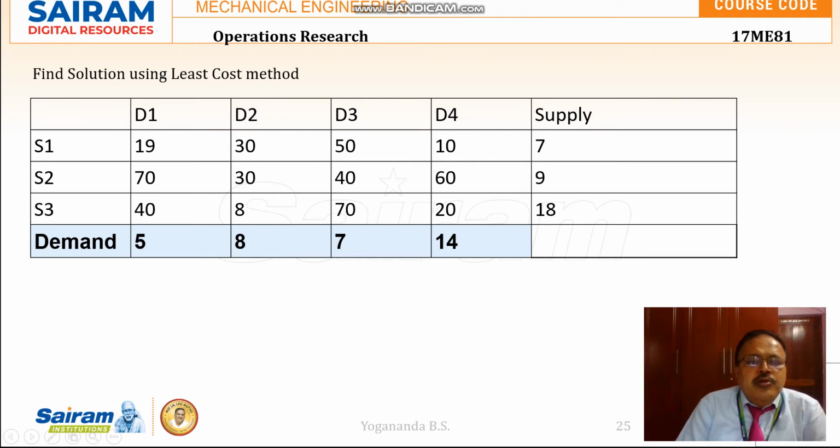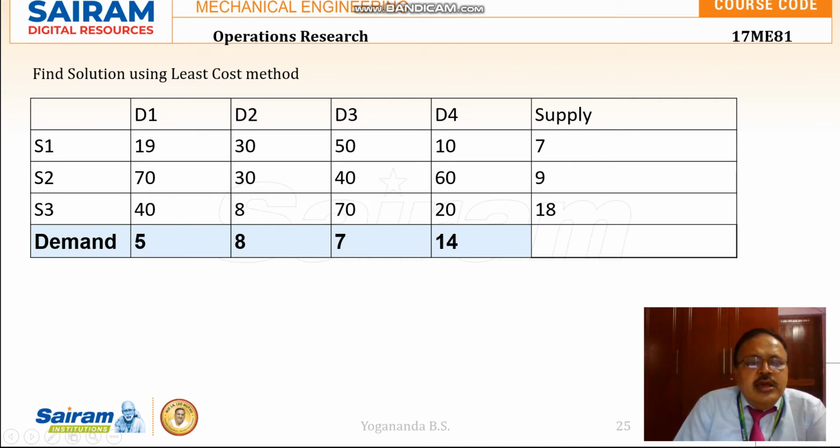We are not going row-wise or column-wise or any other searching. We are just searching for the least cost in the entire matrix.